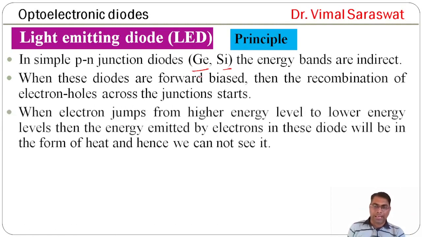When an electron jumps from a higher energy level to a lower energy level, then it emits energy in the form of photon. In a simple PN junction diode, this energy lies in the invisible region, so we cannot see it. The energy emitted by the electron in these diodes will be in the form of heat, and hence we cannot see it.